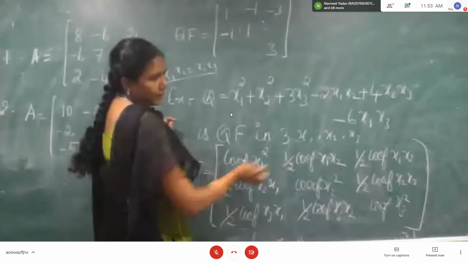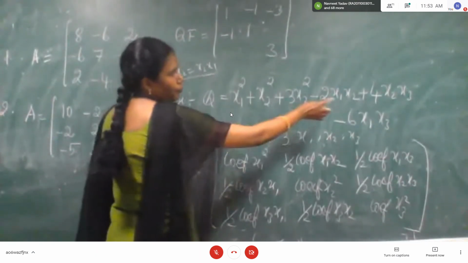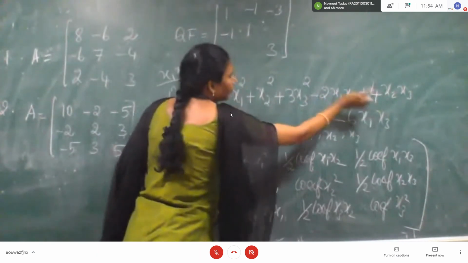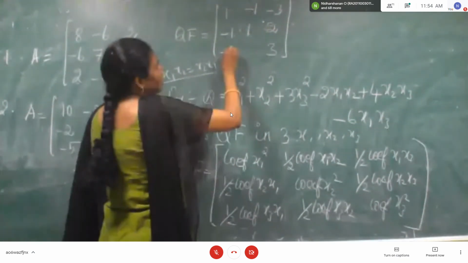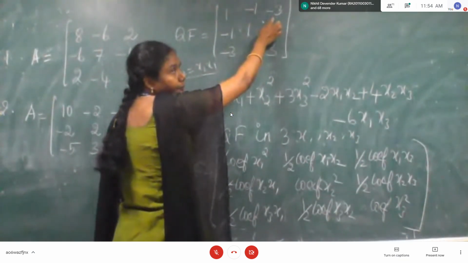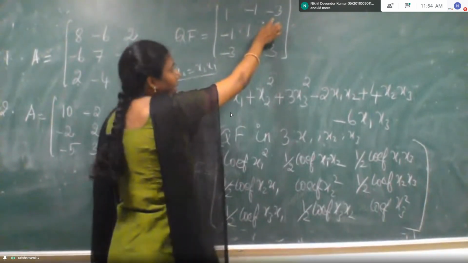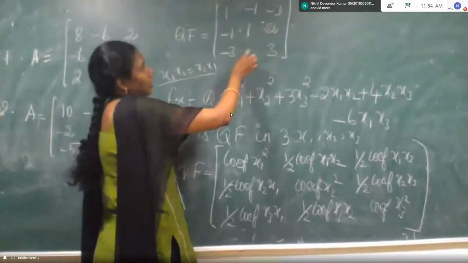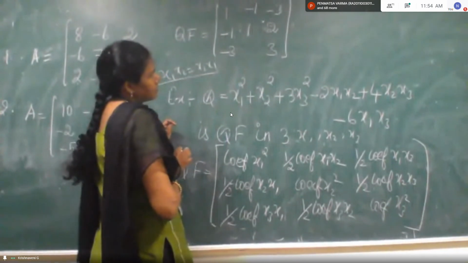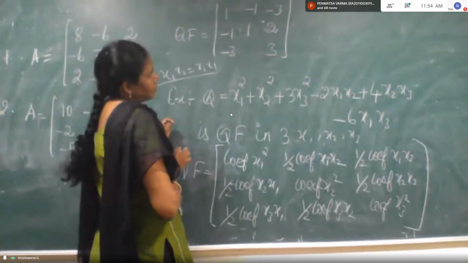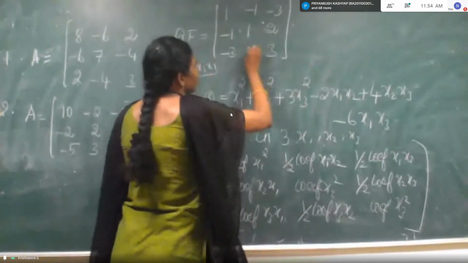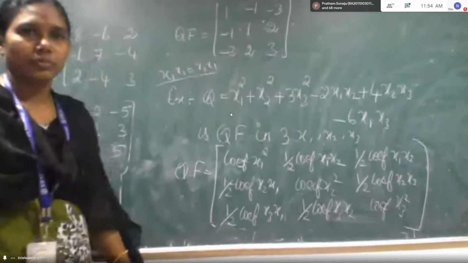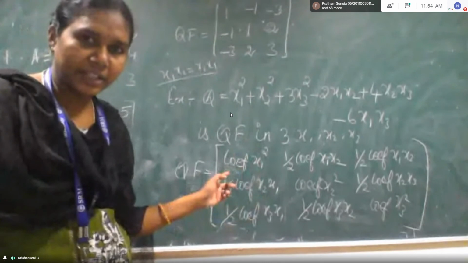Here minus 3, here also minus 3, because this is x1, x3 and this is x3, x1. Here x2, x3 is 4 by 2, that is 2, and the same in the symmetric position. This is a symmetric matrix.